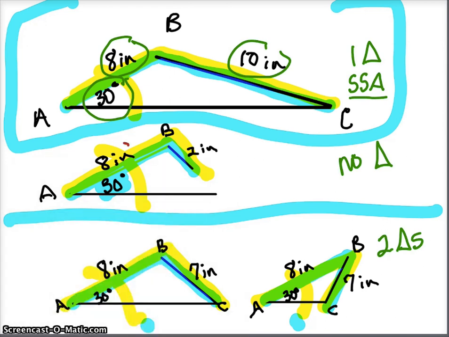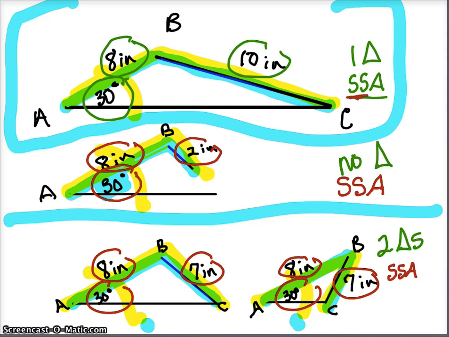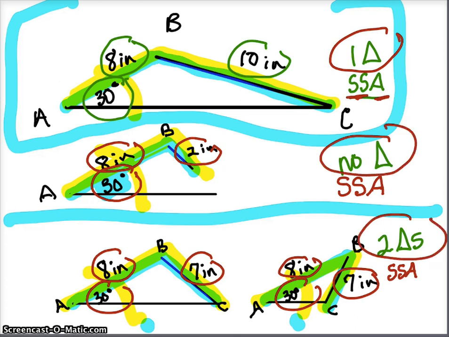Look in the second example: two given sides and a given angle that is not included. So side, side, non-included angle. And in the last two examples, two sides and the non-included angle. So if you have this combination of two sides and the non-included angle, or an SSA triangle, then you have the ambiguous case. And it's possible that you'll have one triangle only, no triangle at all, or two separate triangles.